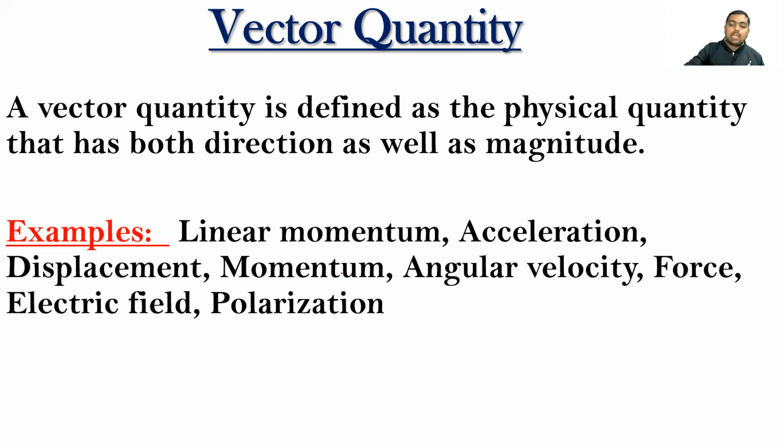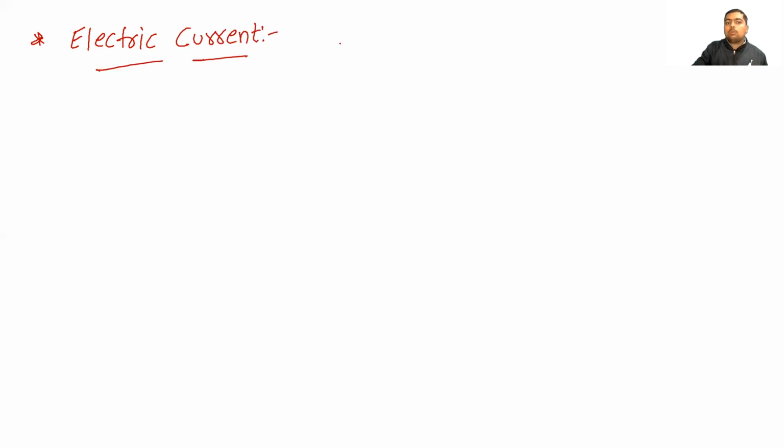Okay. Now, let's take an exceptional case. Exceptional case, we talk about electric current. When we talk about electric current, we all know that electric current has magnitude and also it has direction. Electric current has direction.